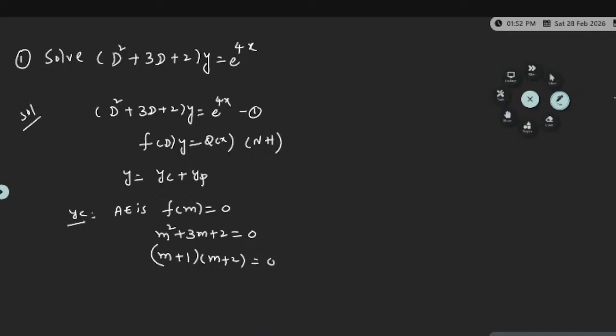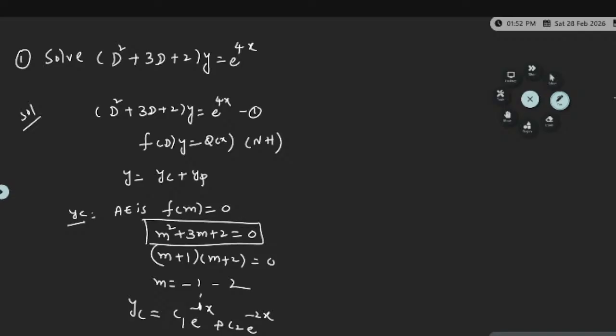M plus 1 and m plus 2. That is m equal to, what is YC? If the roots are real and distinct, C1 plus. You may find the roots by the calculator also, by your scientific calculator. Okay.